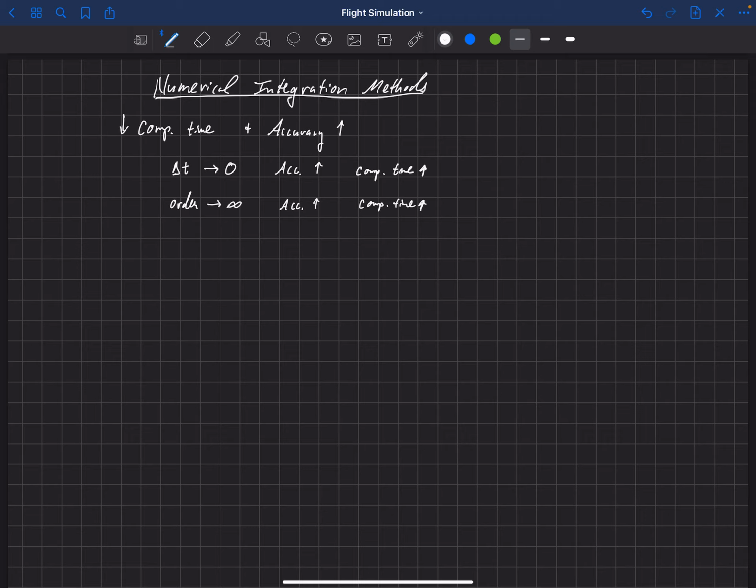Back when digital computers first came online and started to be used for simulation, several people looked at this trade-off between accuracy, order and computational time. One of the main ones was by a guy named Pope, in 1963. He invented a method that was called the exponential method.